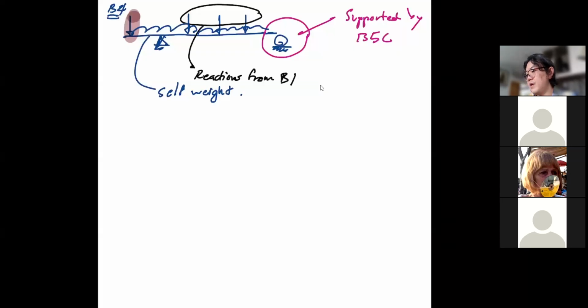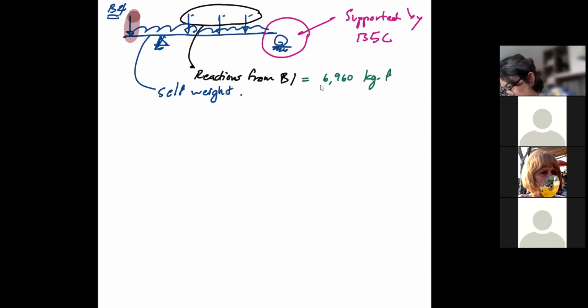So this is it. We sort of started off on this a little bit from last time. So these 3 point loads will be the reactions from B1, which is equal to 6,960 kilogram force.